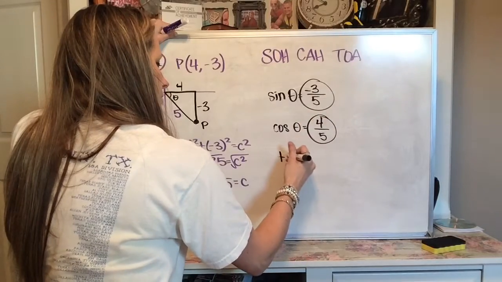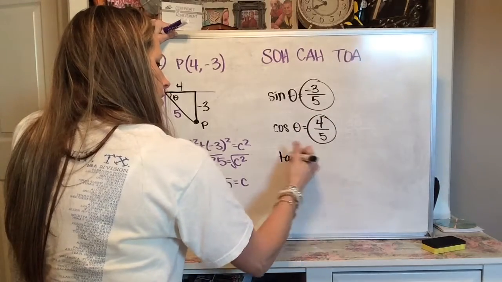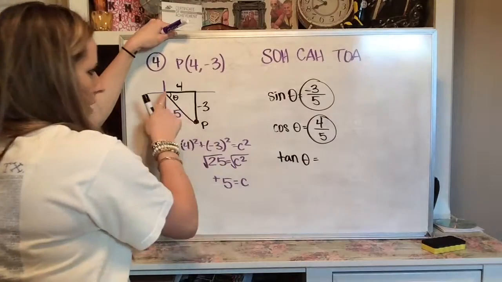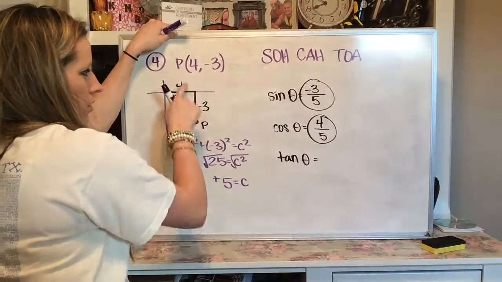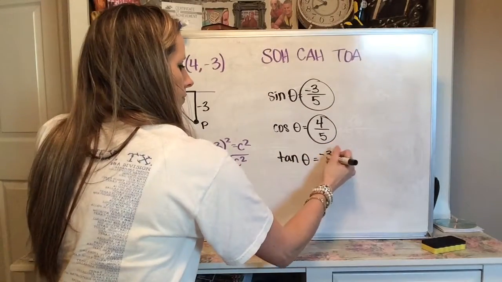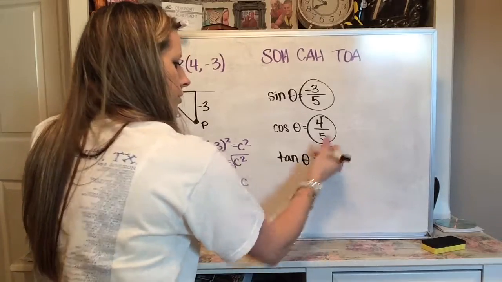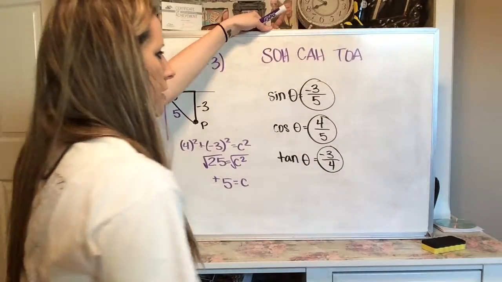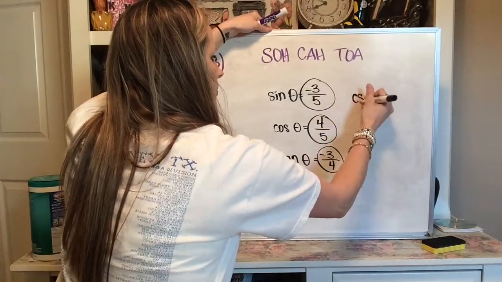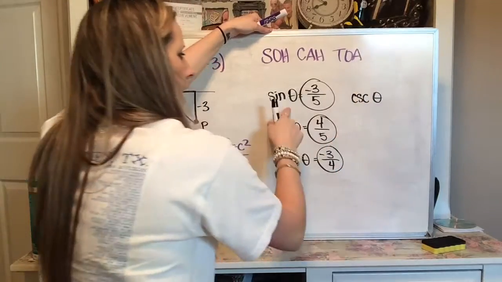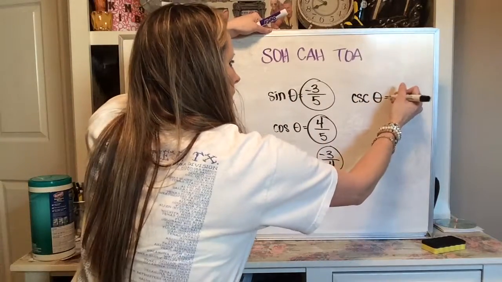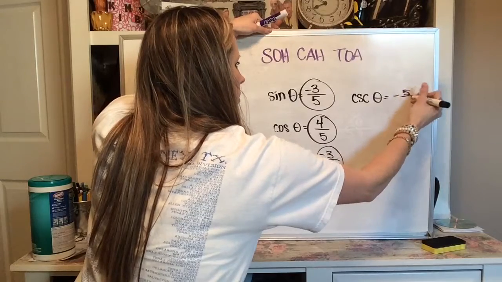Tangent is going to be opposite over adjacent. My side opposite is -3 over 4. And these fractions are reduced, okay, so we can leave them like that. Cosecant, I'm going to take my sine and I'm going to flip it. So it's going to be -5 over 3.